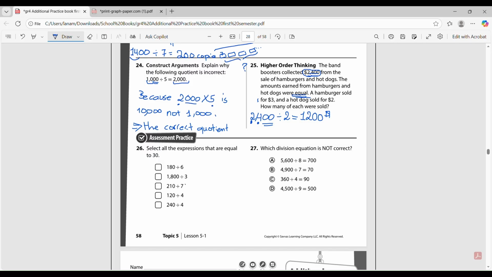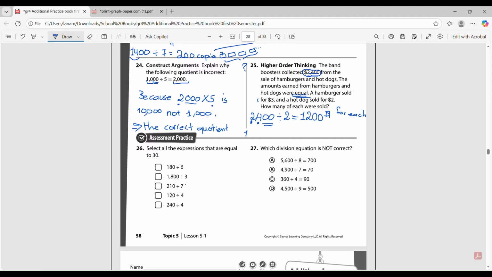And now I need, for each, for the hot dogs and for the hamburgers, for each one of them. Now I need to know the number of hot dogs and the number of hamburgers sold.